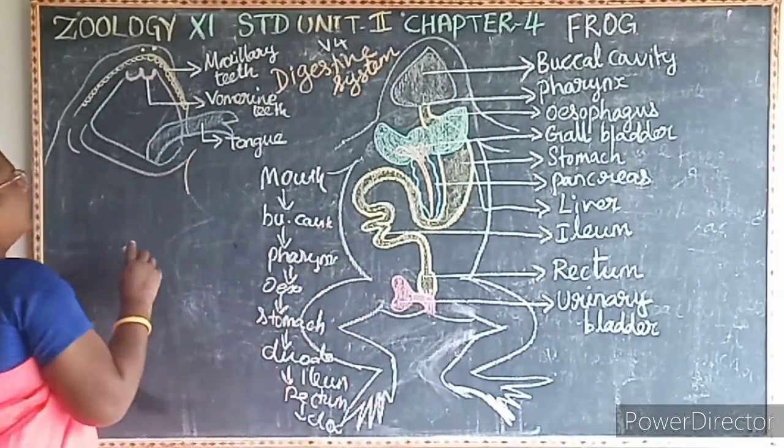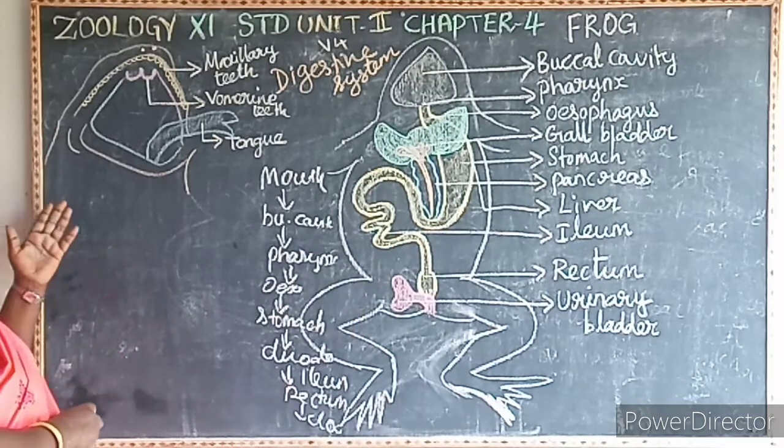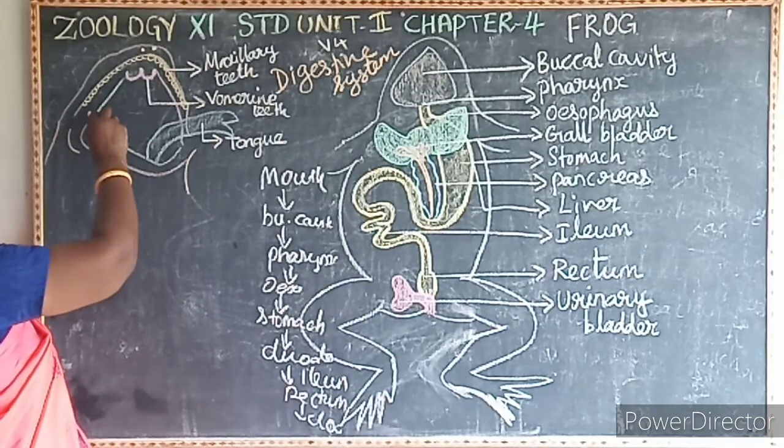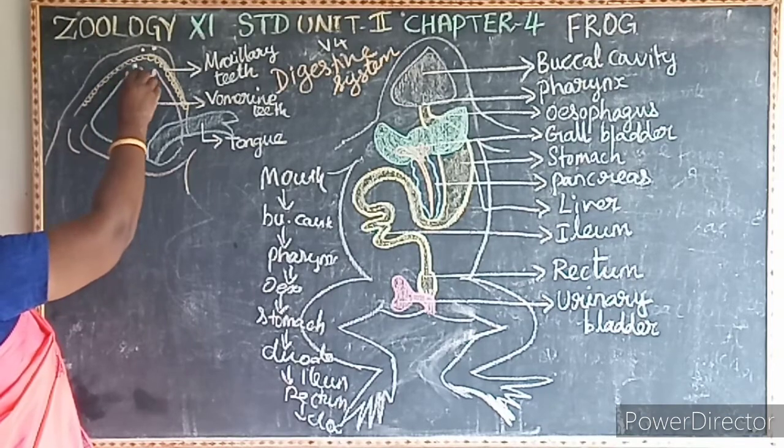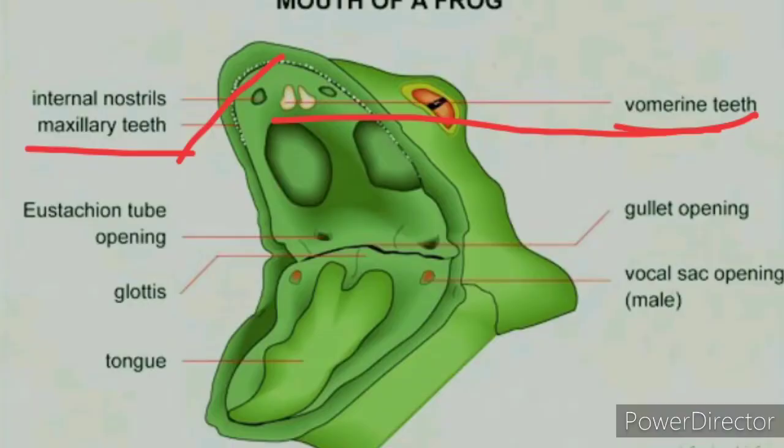In the digestive system of the frog, see the diagram: a row of small pointed maxillary teeth is present on the upper jaw, and vomerine teeth are present on the internal nostrils.